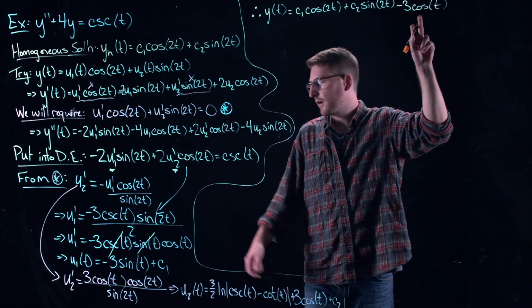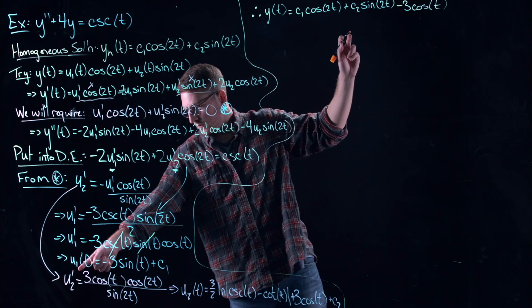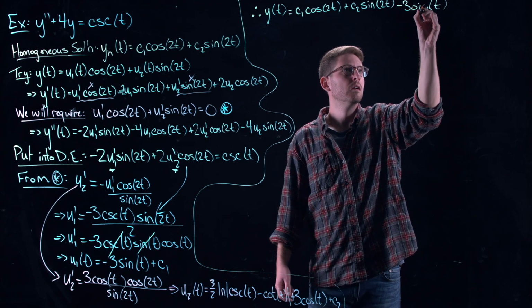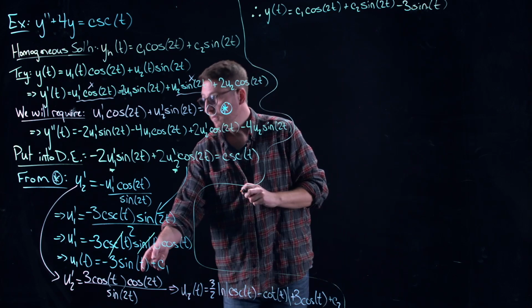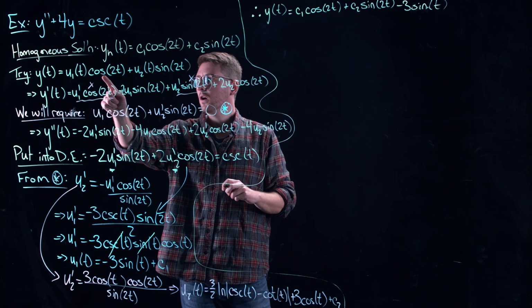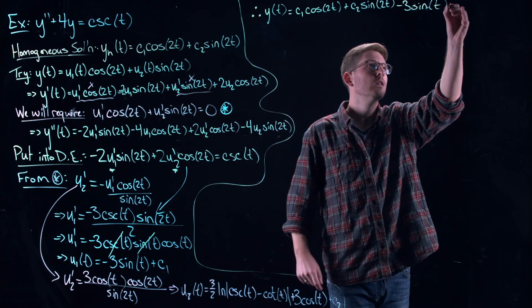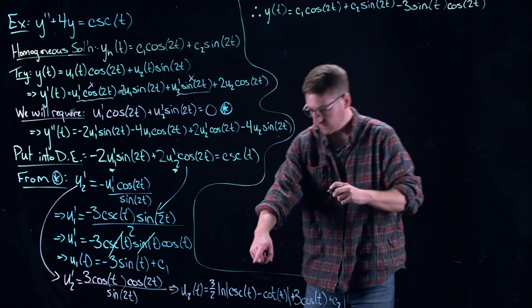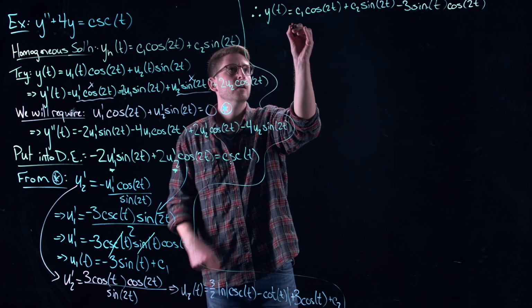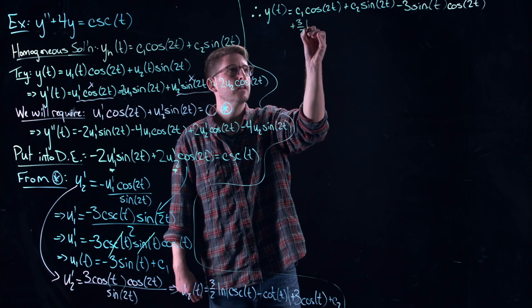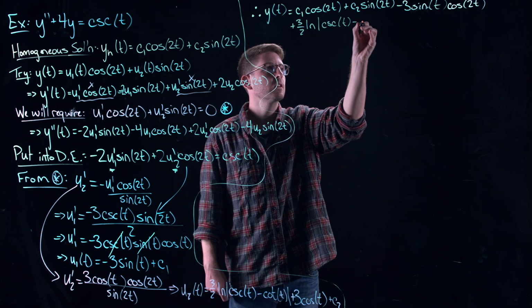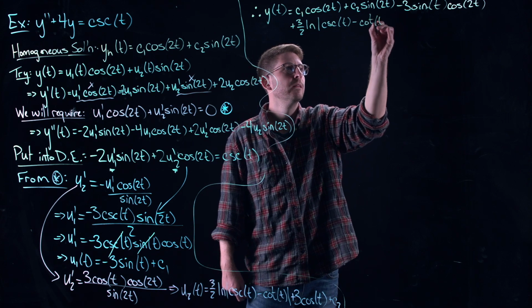And that was part of u1. So, sorry, that's a sine, not a cos, pardon me. And that's being multiplied into cos of 2t. And then all of this big ugly thing, plus 3/2 the natural logarithm of cosecant of t minus cotangent of t.